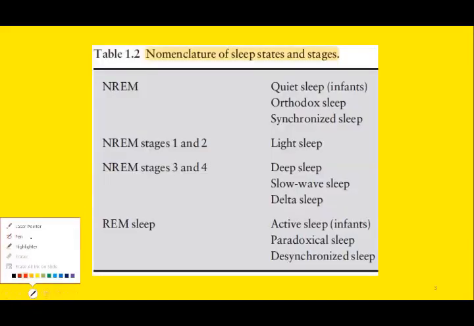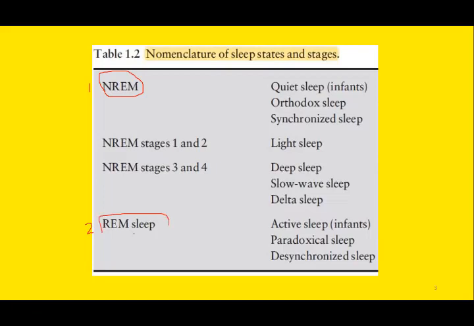So before jumping to the EEG, I would like to re-emphasize the importance of the stages of sleep. As we have discussed earlier, sleep can be divided into two major categories. The first is the non-REM stage, that is non-rapid eye movement stage. The second is the REM stage, where REM stands for rapid eye movement.